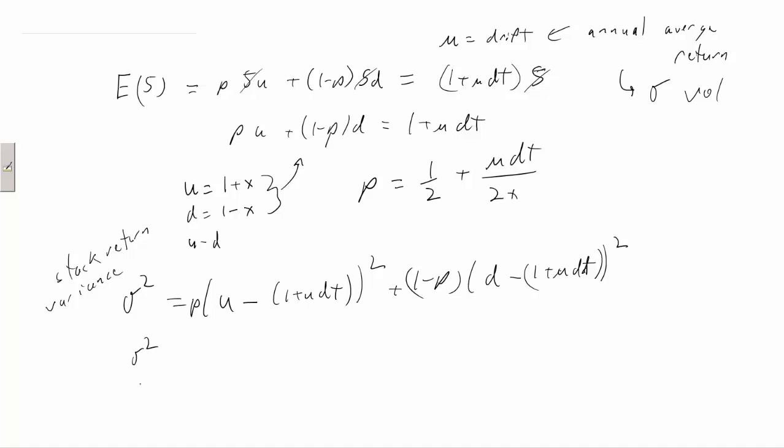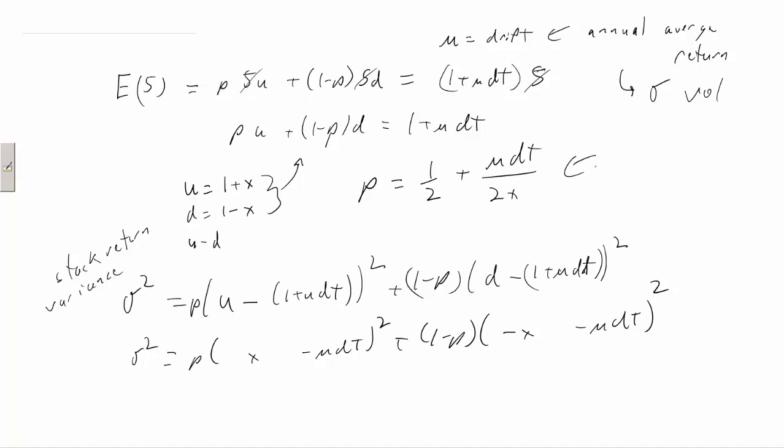So that's going to give me the sigma squared, the variance of the stock returns. p times (1 plus x minus 1 minus mu dt) squared plus (1 minus p) times (1 minus x minus 1 minus mu dt) squared. The 1's cancel.